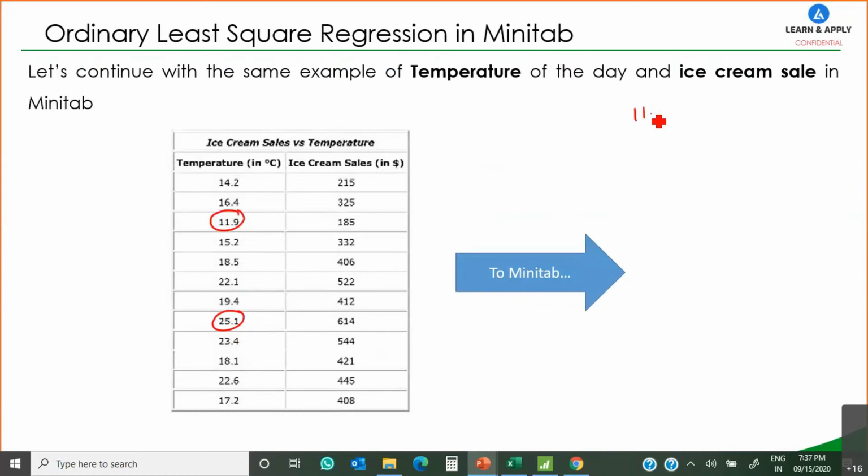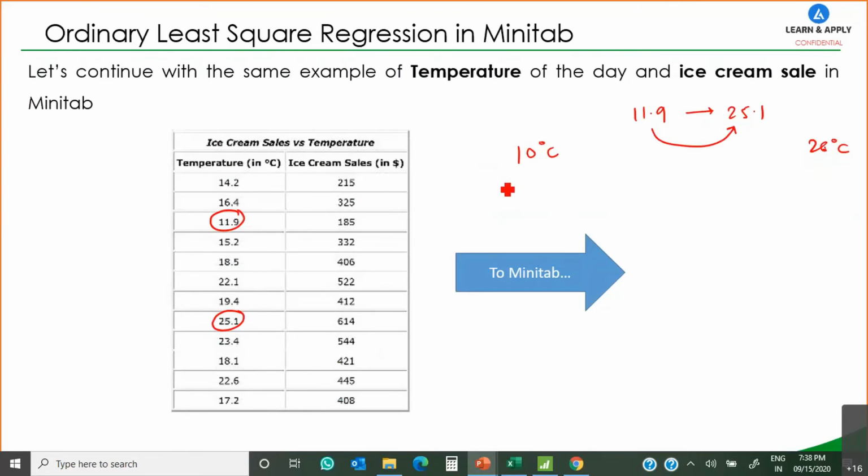So we'll have a temperature range from 11.9 to 25.1. If our day temperature is between these two values, then only can we use our regression equation. If we have a temperature of 10 degrees Celsius or 26 degrees Celsius, whether we can use this model for that prediction or not will be indicated by the predicted R square.